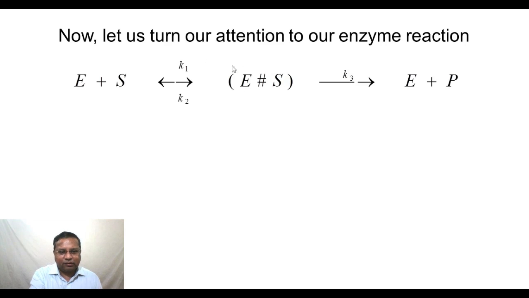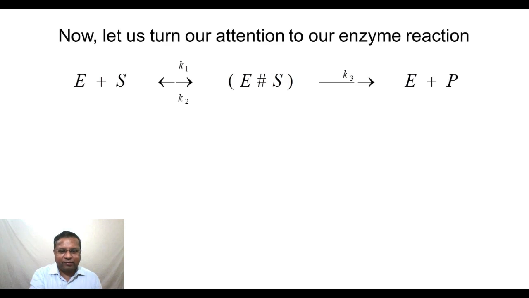This reaction is fast, and it is also an equilibrium reaction. The k1 is rather high. And then this enzyme substrate complex reacts further, converting to enzyme and product, through the rate constant k3. This is the overall mechanism of a simple enzyme mediated reaction.